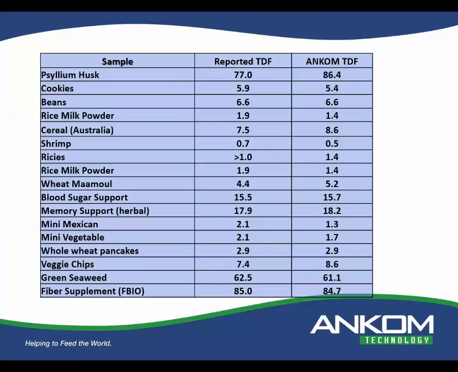This is a series of samples that, again, we got from a specific lab that purchased our system, and they showed us what their conventional method reports were for their samples. And then there's ours next to that. Again, one that jumps out at you is the psyllium husk. Remember I said that the psyllium husk up here, they can't filter that in their system.